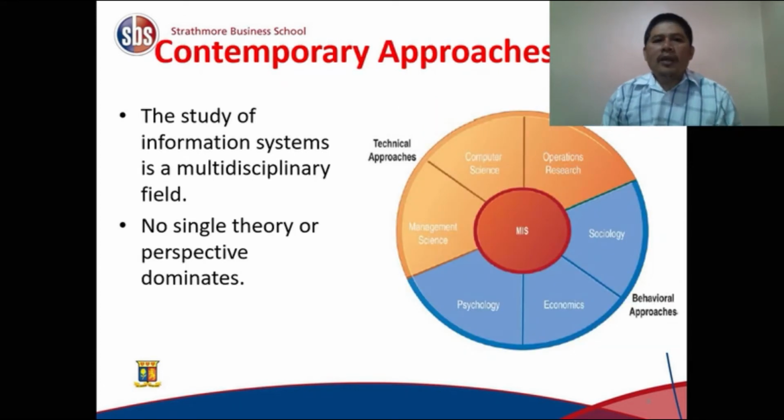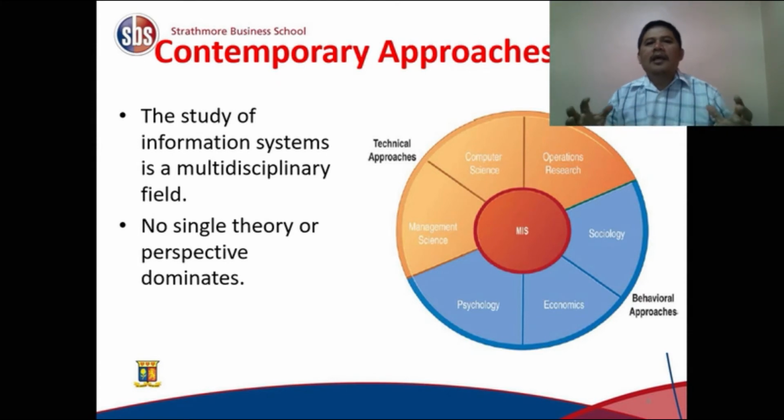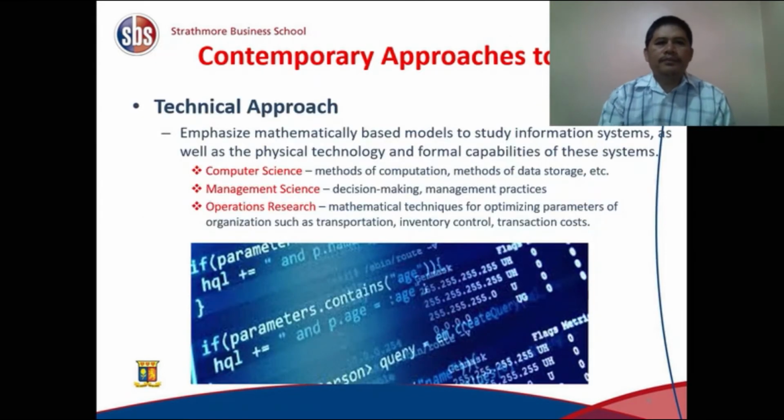So what are some of the contemporary approaches to information systems? We have to realize that when we study information systems in this unit, it's a multidisciplinary field. No single theory or perspective dominates in the study of information systems.